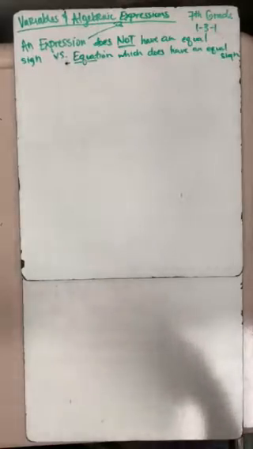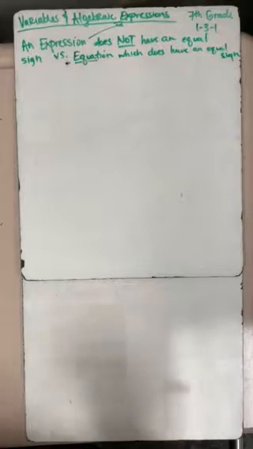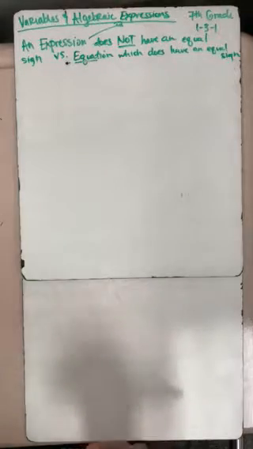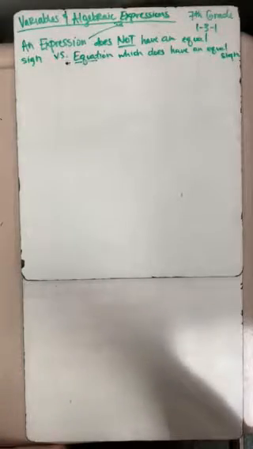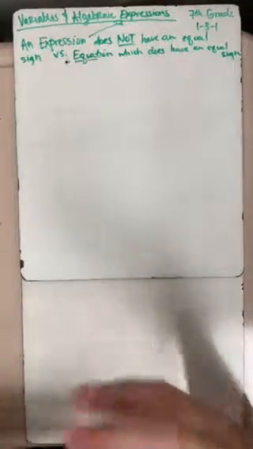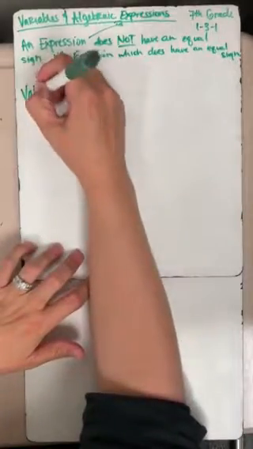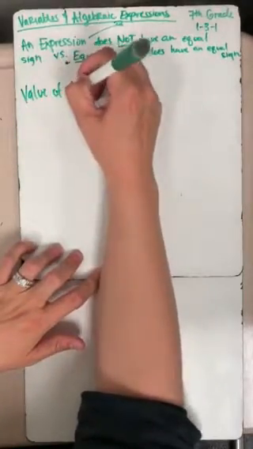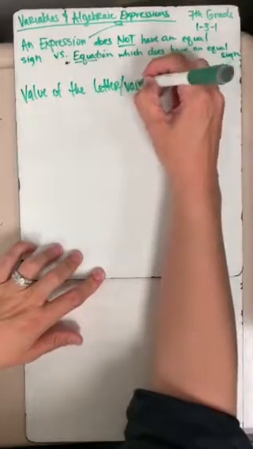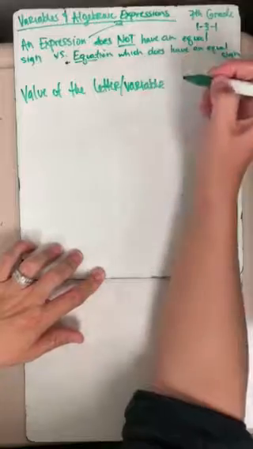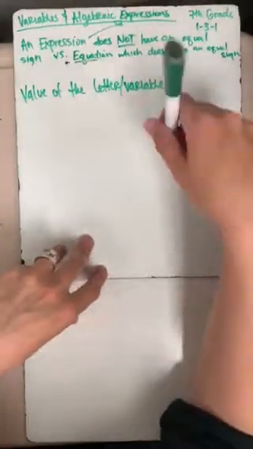So the beginning of algebra, which we're talking about, is the start of when letters really come into play. Now, when we're working with variables, the most important thing to remember is that the value of the letter, which is known as your variable, will change. A lot of times it's X, but it really can be any letter out there.